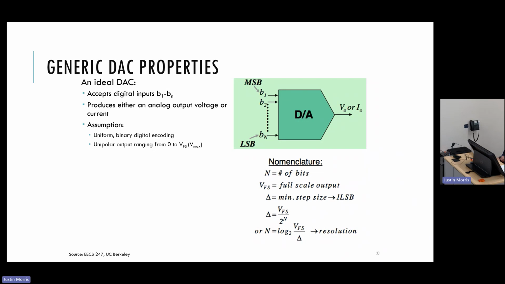So you can have either as your analog outputs. And the assumption about an ideal one is that it has this uniform binary digital encoding, and it has unipolar output ranging from 0 to full scale voltage.